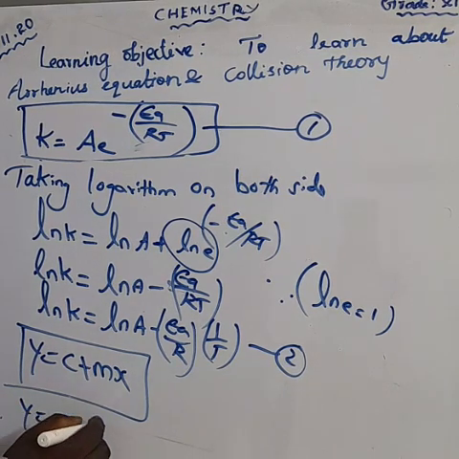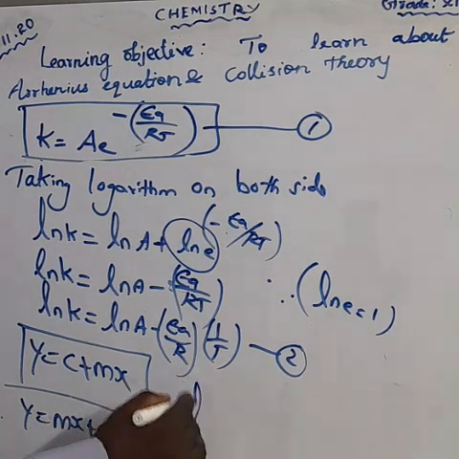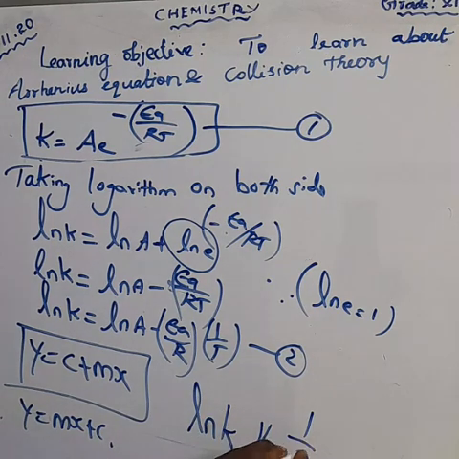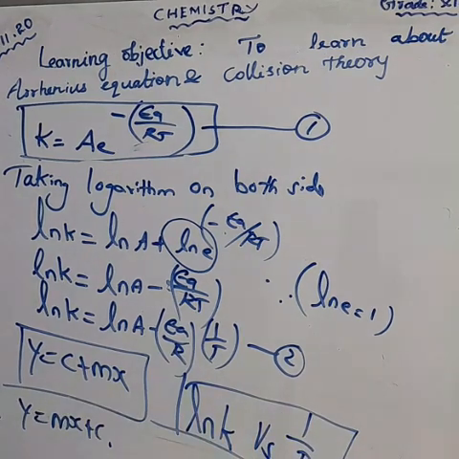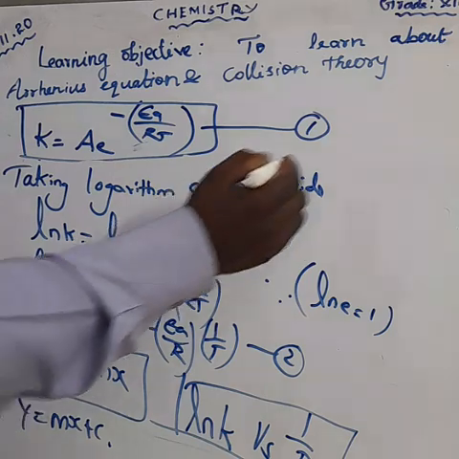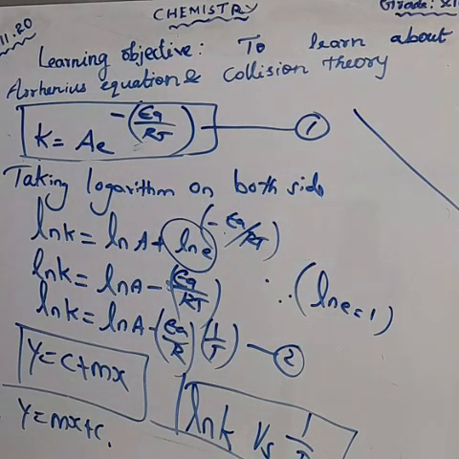When we plot ln K versus 1 divided by T, we get a straight line.